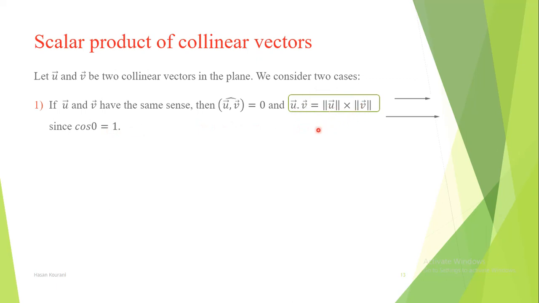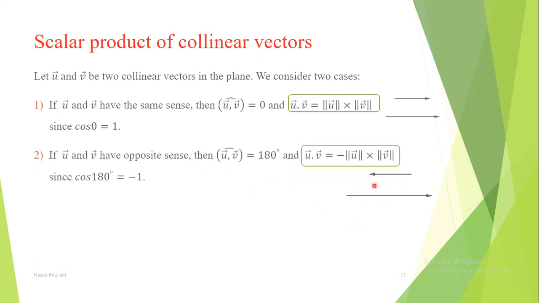We can directly apply this as a rule in case we have two vectors of the same sense. What if the two vectors have opposite sense? Still they are collinear but of opposite sense. As you know, the geometric angle between them is 180 degrees or pi radians.